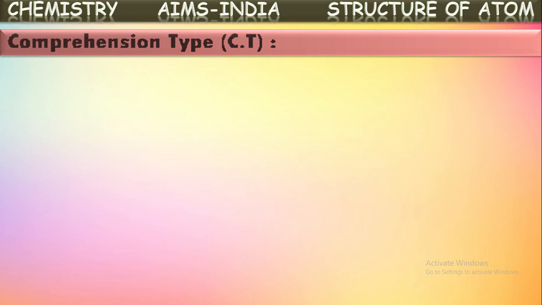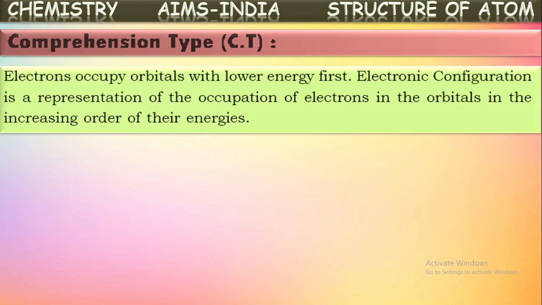Okay, next, one more comprehension. The paragraph given here also: electrons occupy orbitals with lower energy first. Electronic configuration is a representation of the occupation of electrons in the orbitals in the increasing order of their energies. Yes, it is actually about the Aufbau principle.